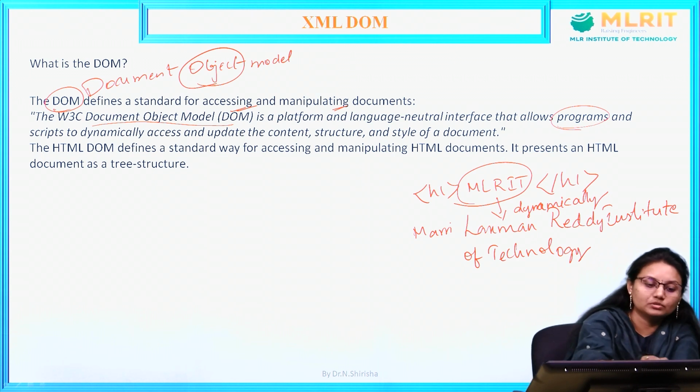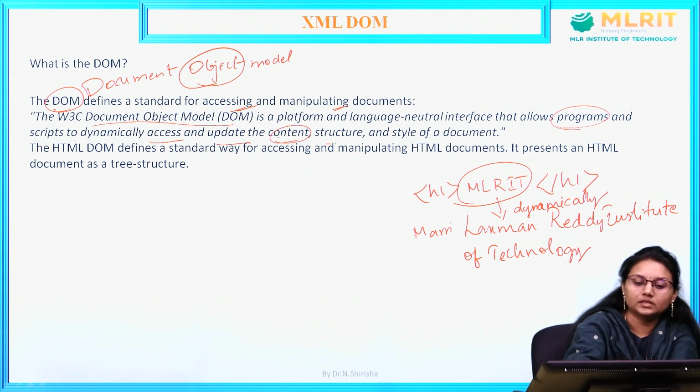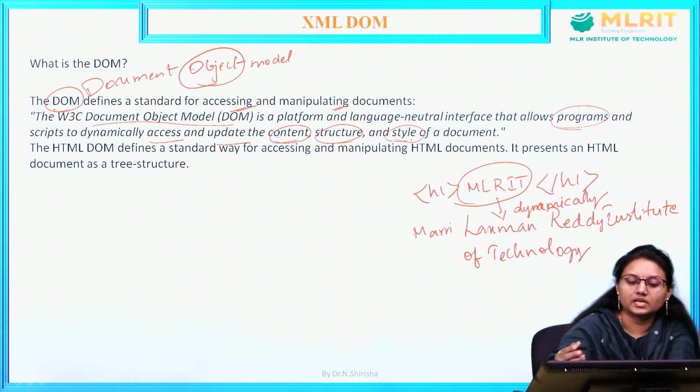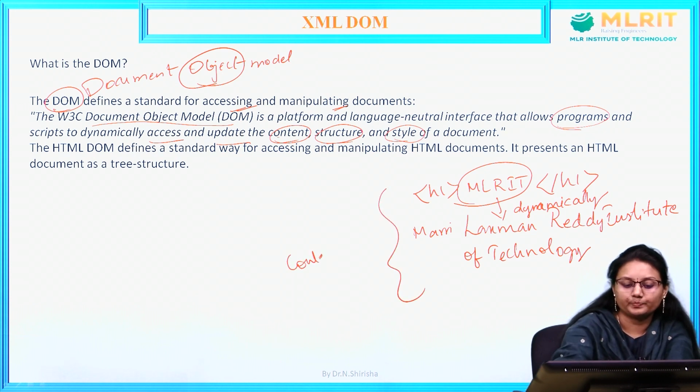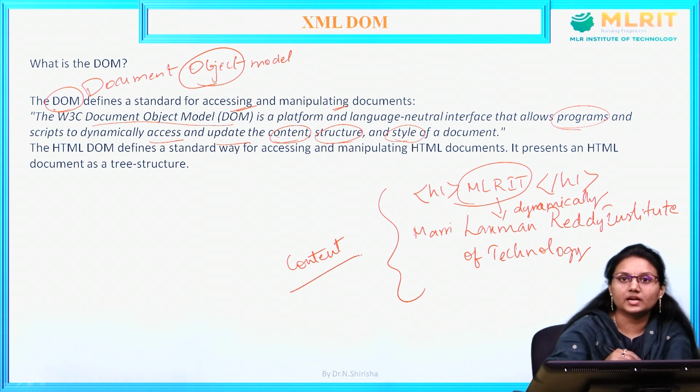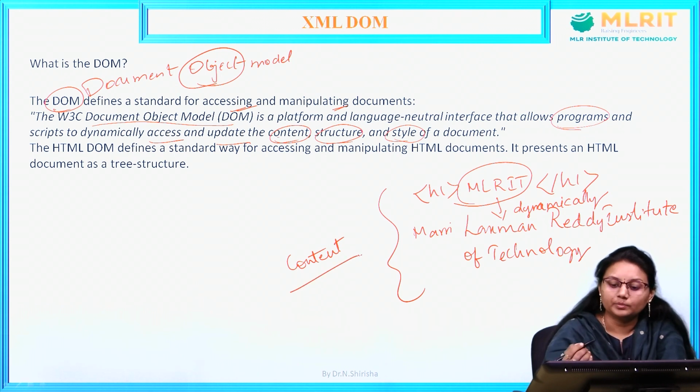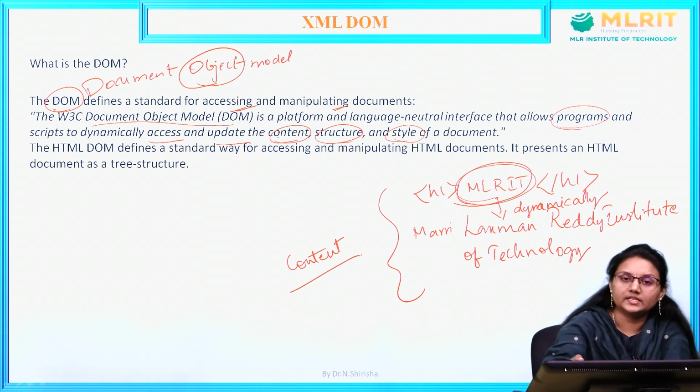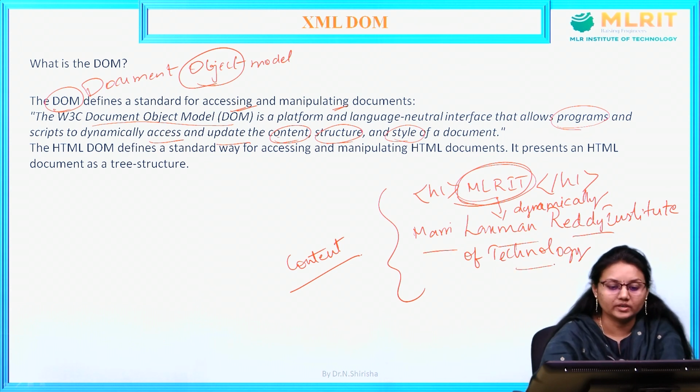When I want to change this, I will do it dynamically. So here, what am I changing? I am changing the content. When I change the content, whatever heading is there will be replaced with your given content.